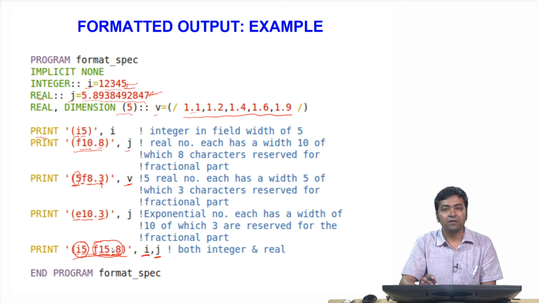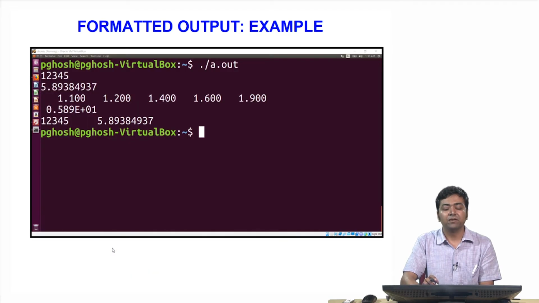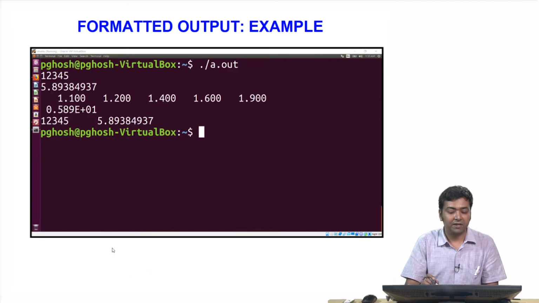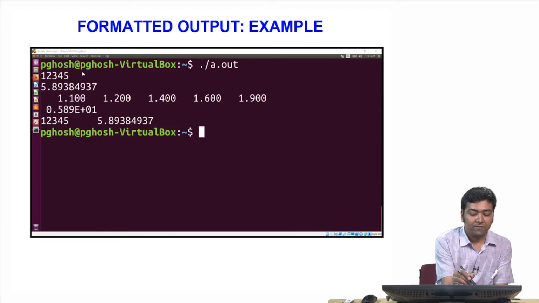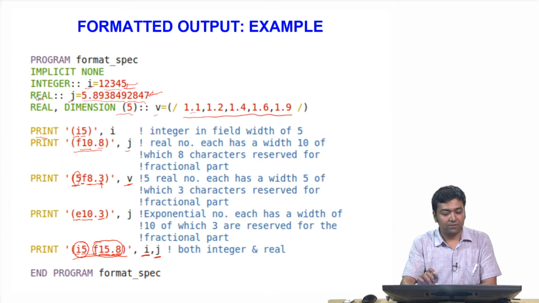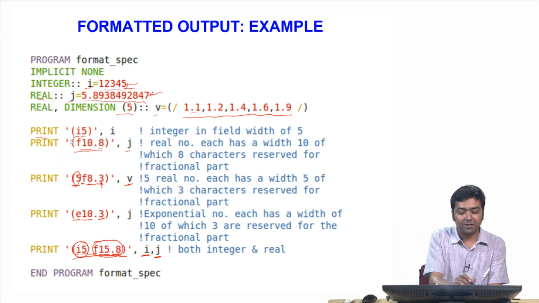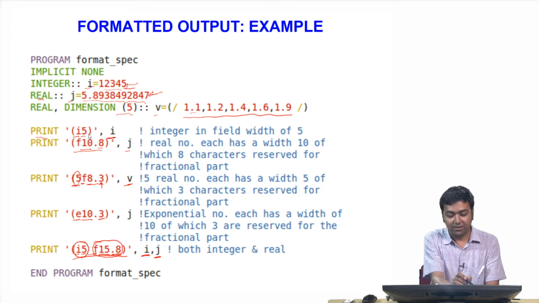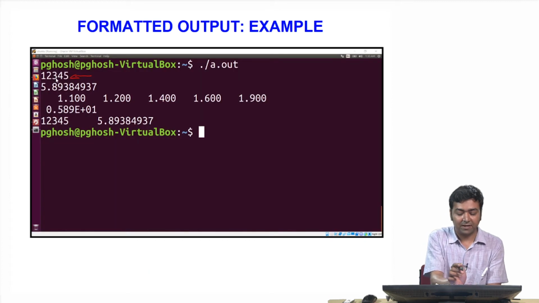If I compile and run this program, this is what I get on the screen. The first number here on the screen, that is this 1, 2, 3, 4, 5. If we go back to the program, we see that the first print statement asked the code to print the number stored in the integer variable I in 5 places. So, that is precisely what it has done.